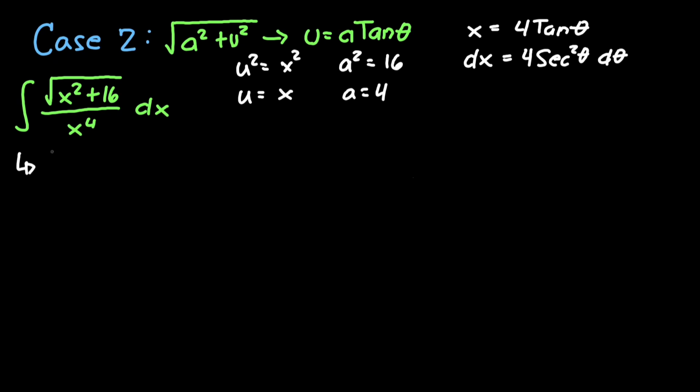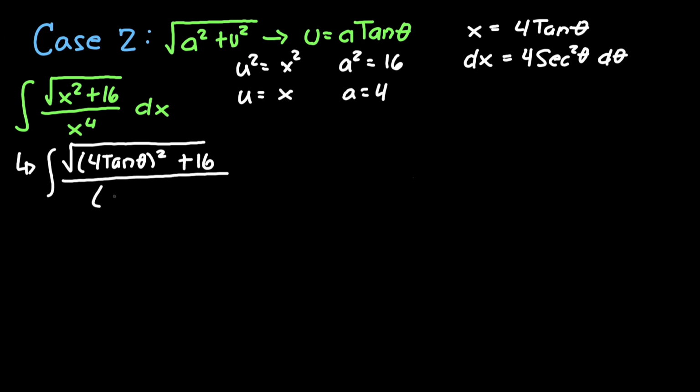And so it would be the integral of the square root of x here, which is 4 tangent theta raised to the power of 2, plus 16 over 4 tangent of theta raised to the power of 4, and multiply this by the value of dx, which is 4 secant squared of theta d theta.